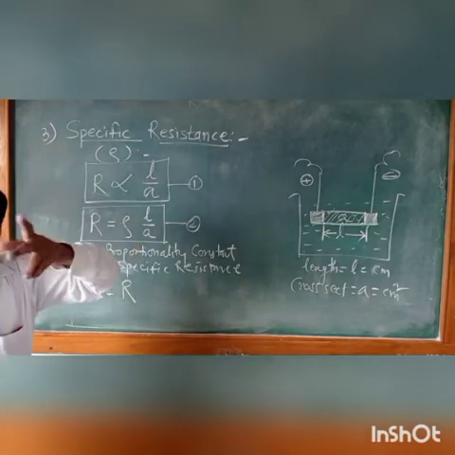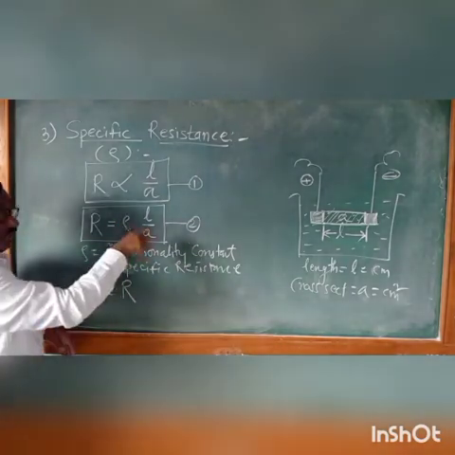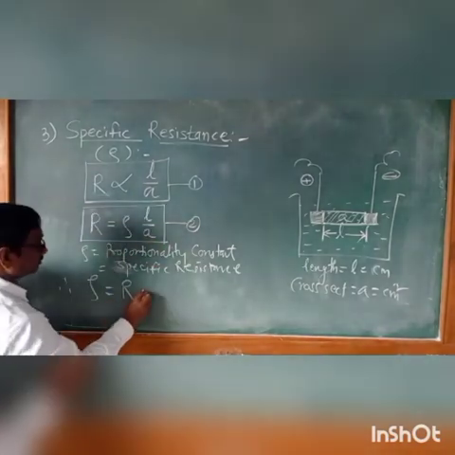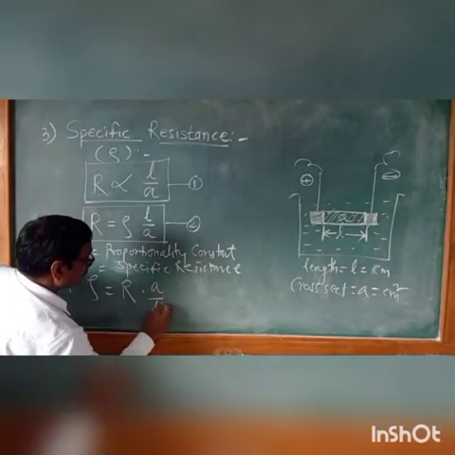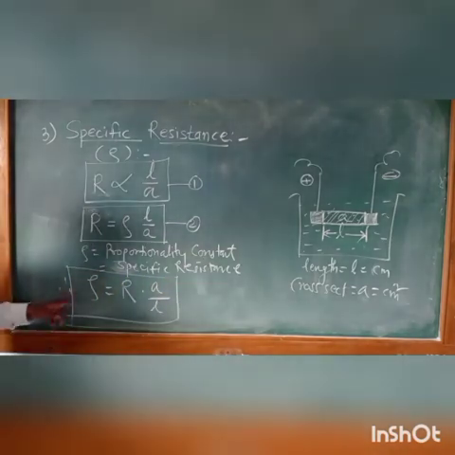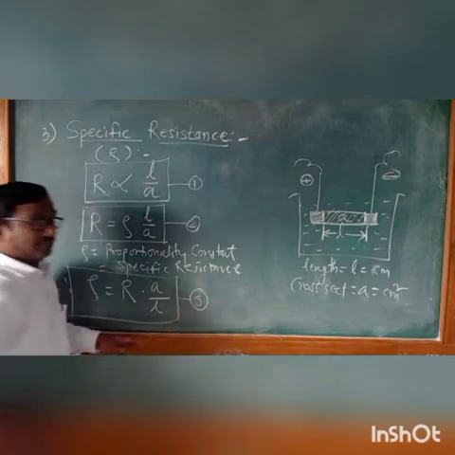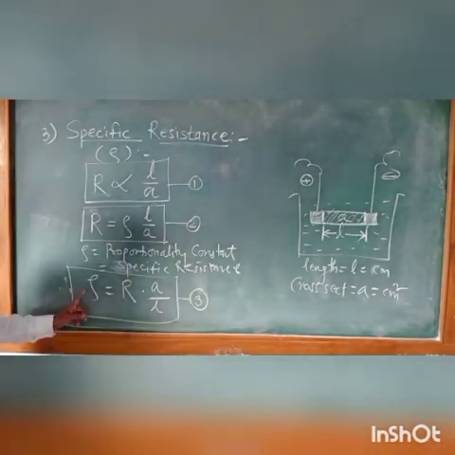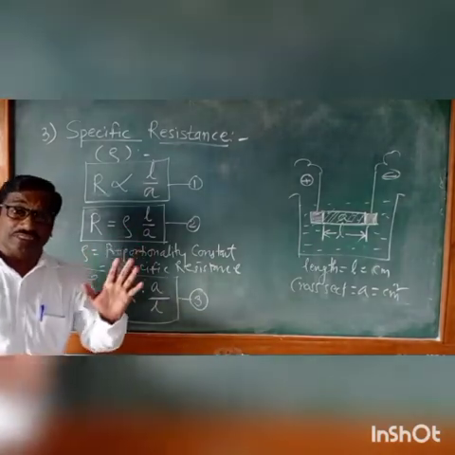Numerator and denominator will change. Denominator will go to the numerator, numerator will come to the denominator. So it will be A upon L. This equation 3 is nothing but the equation of specific resistance.